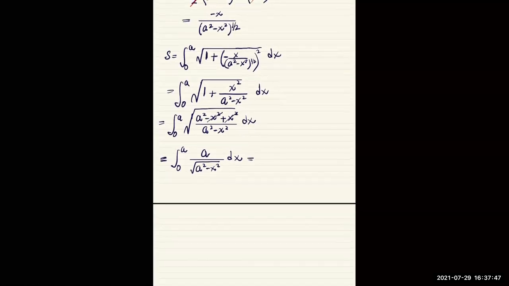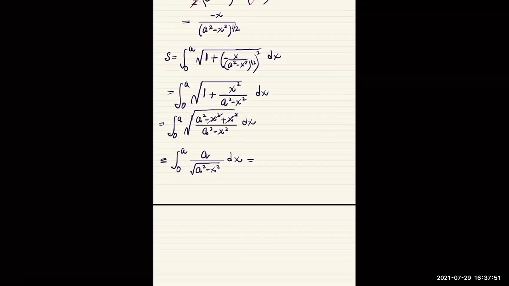So this is really 1/4 of the circumference of the circle of radius a.